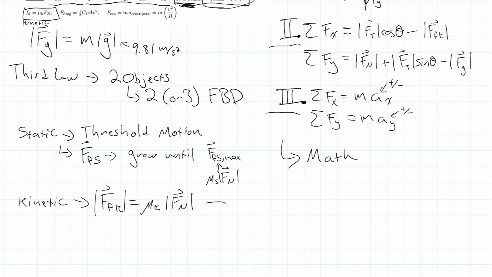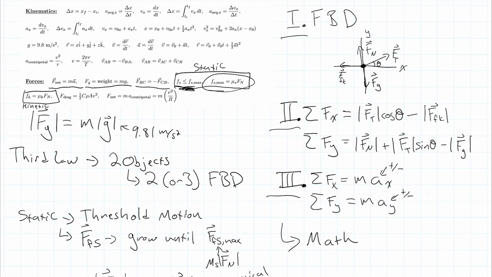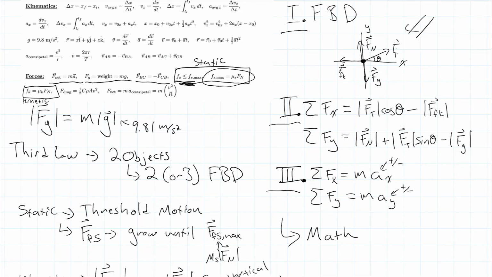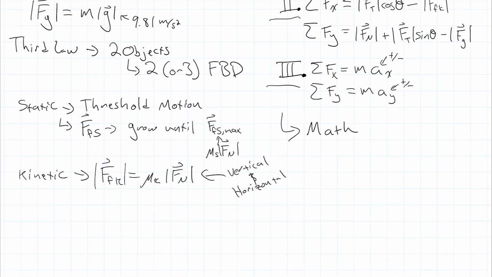An important thing with all these friction problems is that we have this normal force in there, and so often we're tying the vertical and horizontal components of net forces together. So in our free body diagram, you often will have to figure out what's going on in the vertical direction so that you can then plug it into what's going on in the horizontal direction with friction.